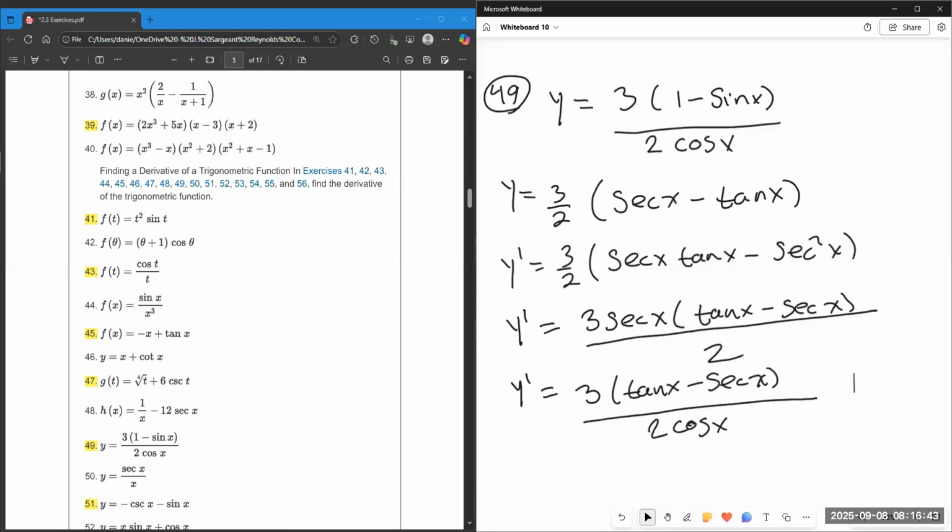Let's see, I have denominators of cosines for both of these, so I might still want to multiply by another cosine over cosine and make this turn into y prime equals 3 times sine minus 1 over 2 cosine squared. Let me refresh this whiteboard. Give me just a second.